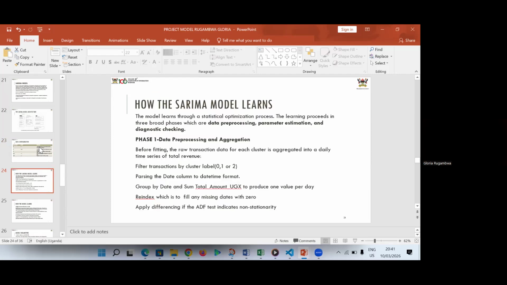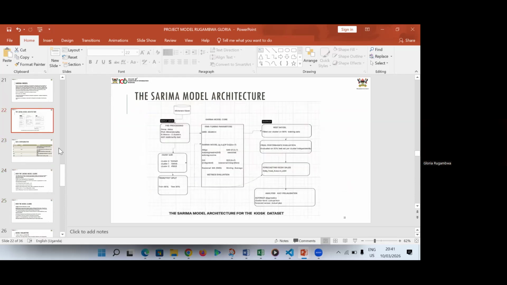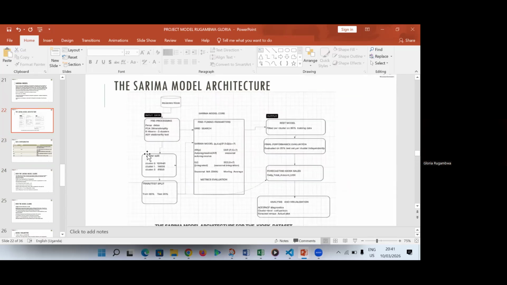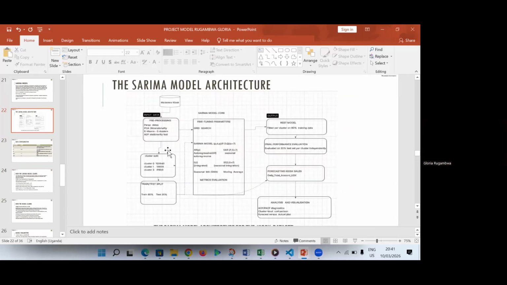Yeah. So it runs through a statistical optimization process that involves data preprocessing, parameter estimation, and diagnostic checking. So what does that mean? The data preprocessing, as we had seen in our picture, includes parsing of the dates, PCA dimensionality reduction, creating the three clusters, and the ADF stationarity test.